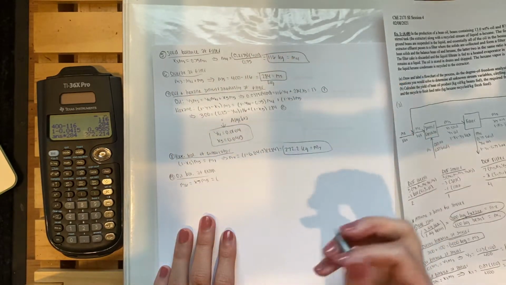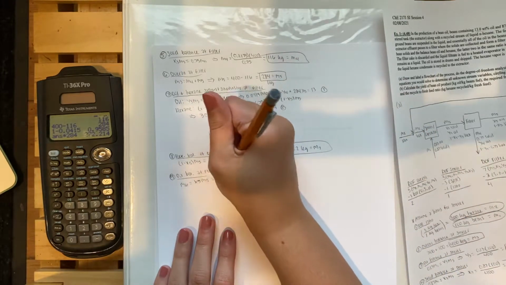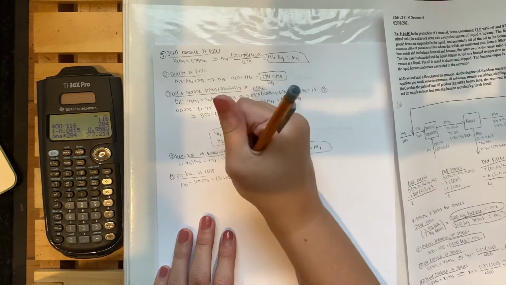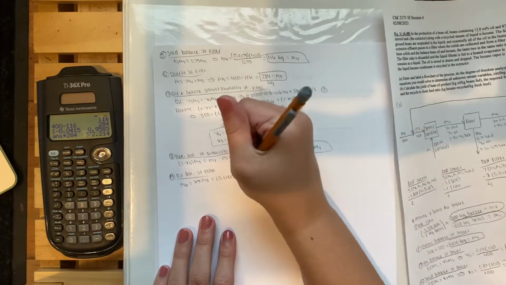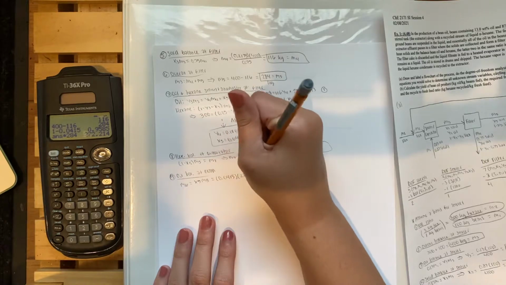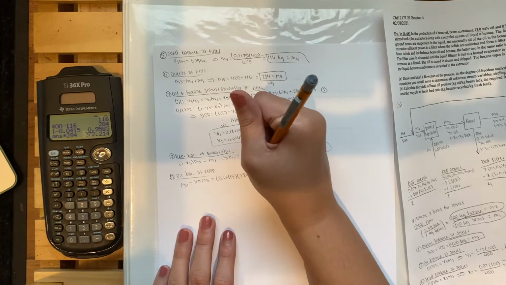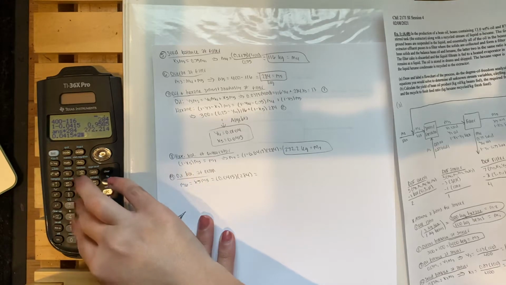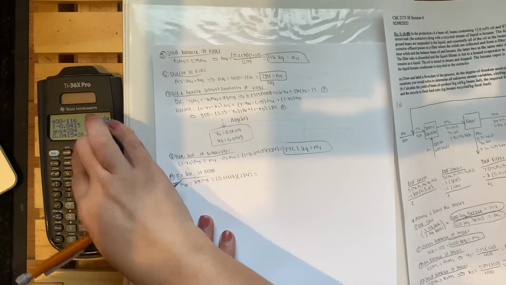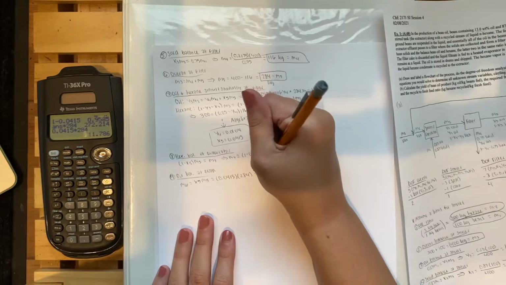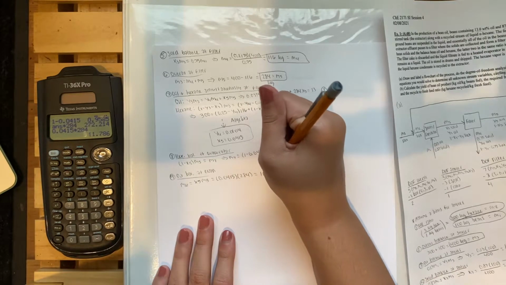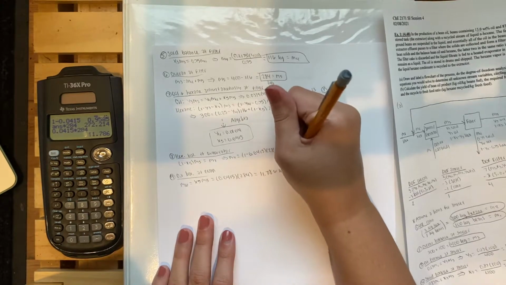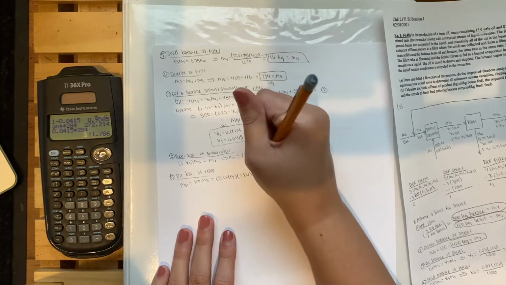And that is 0.0415 times m5, which is 284. And that is equal to 11.786 kilograms. And that is M6.